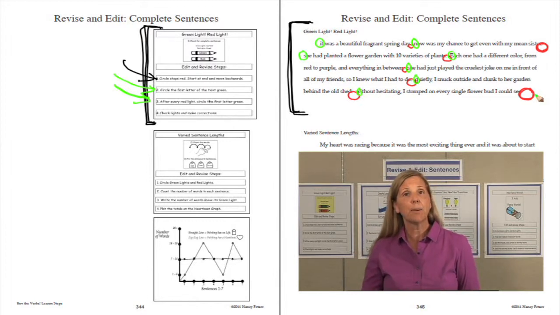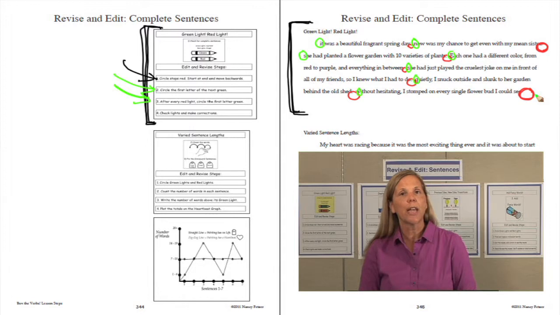Finally, the last step is check your lights and make corrections. That means the green light should have a capital. The red light should have a stop. So let's go through and look at our greens. Our first green light, we look at the letter, it's a lowercase. I know in the green circle I need a capital, so I put a capital.